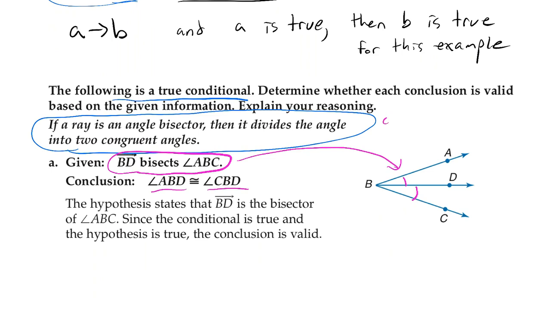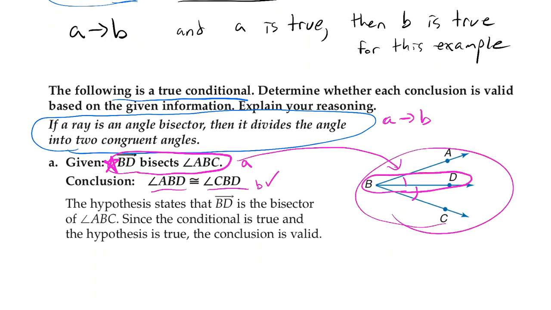I have a conditional, A implies B. I am told that A is true. So that leads us to know, yes, B must be true by the law of detachment for this specific example. We're actually talking about the names of angles here, not abstractly about encountering an angle bisector. We're talking about this ray BD in this picture, and we use the conditional to know new information.